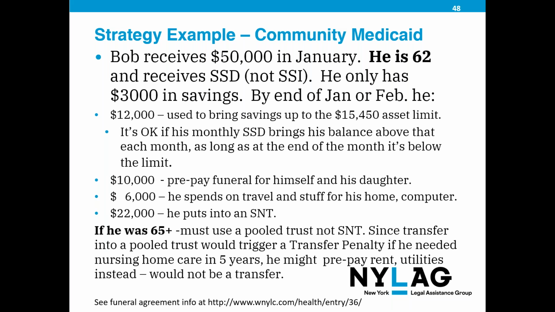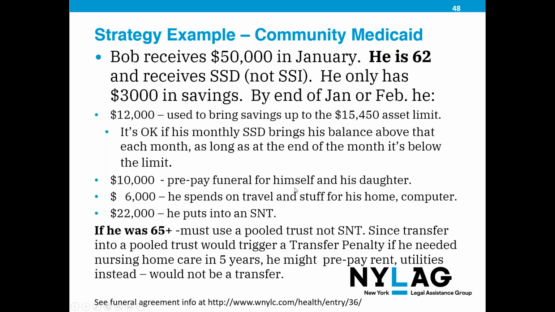So he can keep a certain amount of it, to bring his savings up to the limit. And don't forget that your Social Security check does not count as an asset in the month you receive it. It's income. So even though for that moment you receive that income, your account balance goes over the asset limit, it's okay as long as you bring it down by the end of the month to that limit.